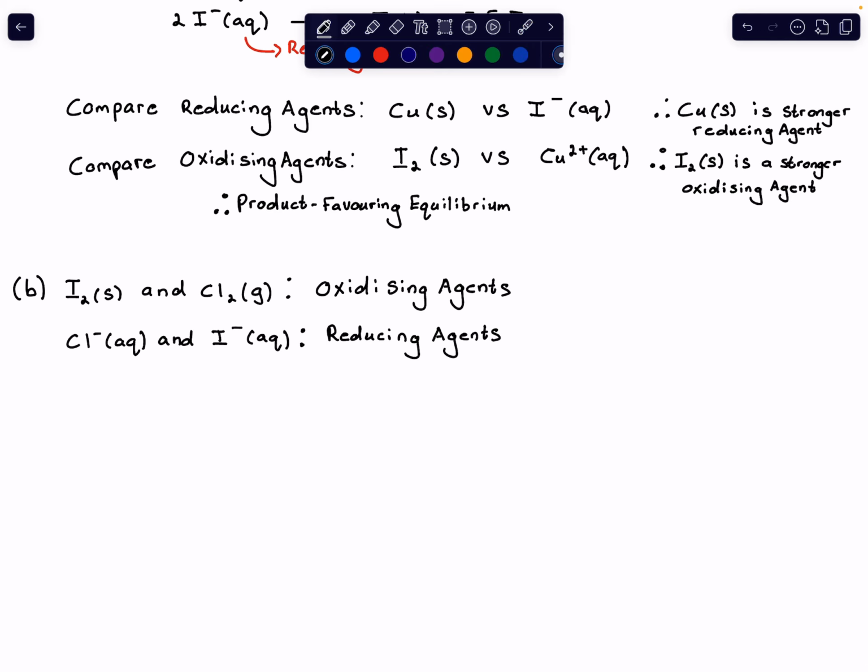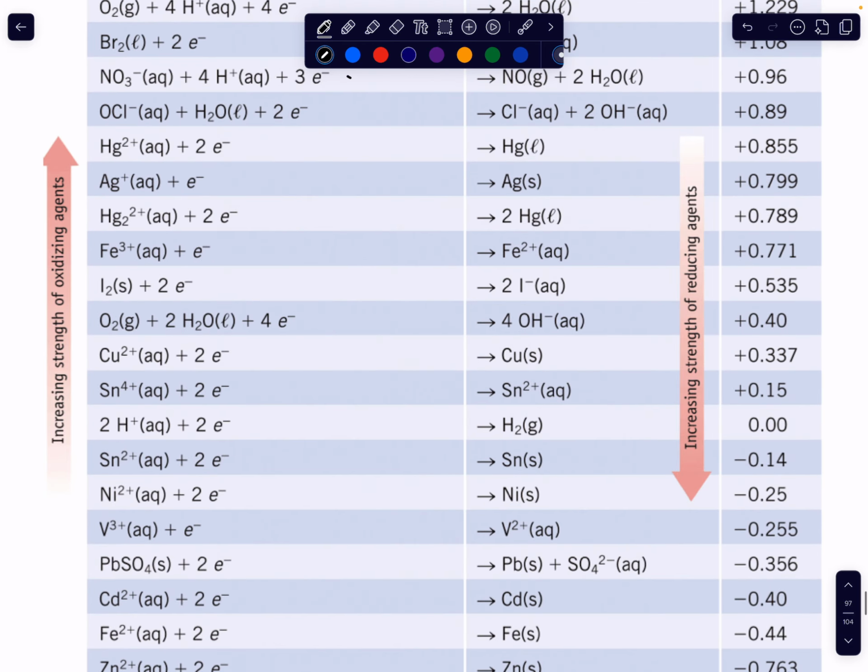So therefore Cl2 gas is the stronger oxidizing agent.